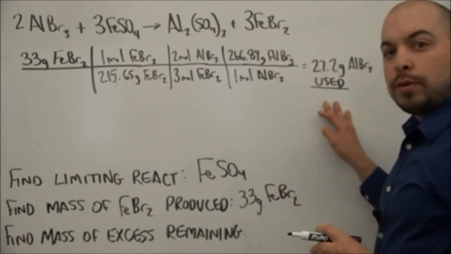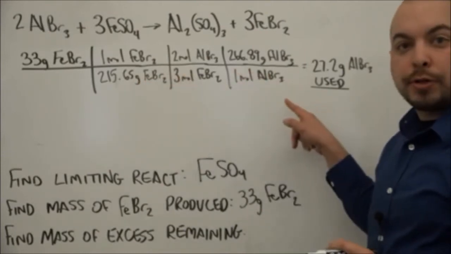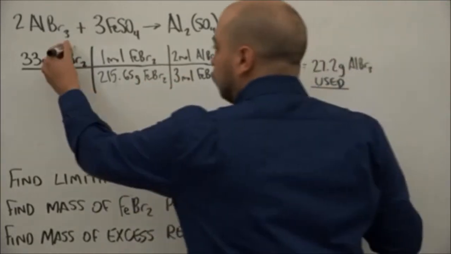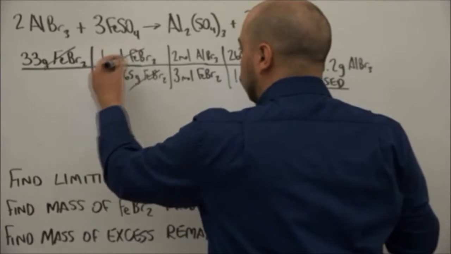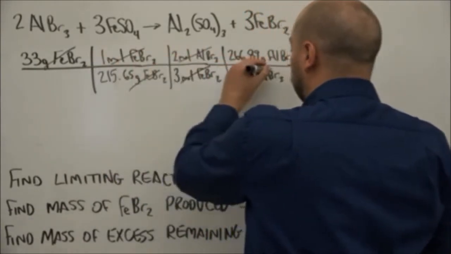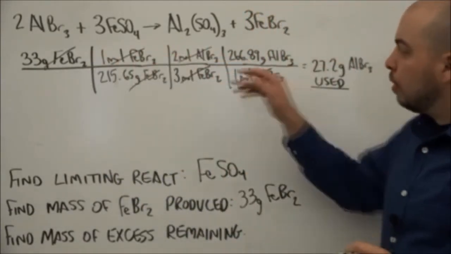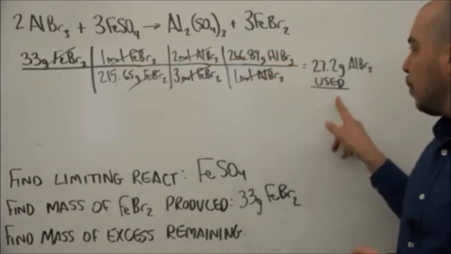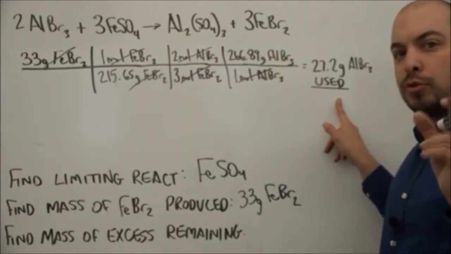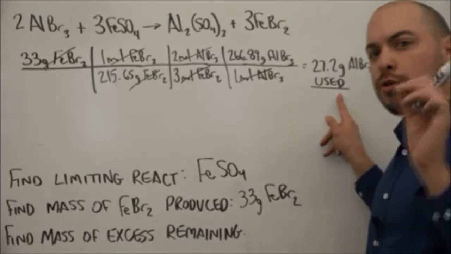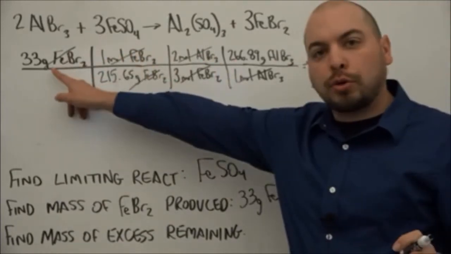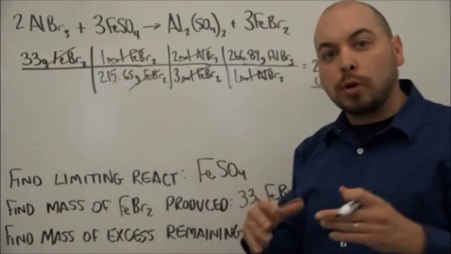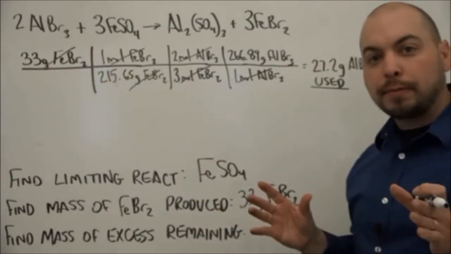We want to make sure, again, that units cancel. They do, so we can multiply across the top and divide across the bottom, and we find that 27.2 grams of aluminum bromide were used to create the 33 grams of iron bromide that we know were produced in the course of the reaction.